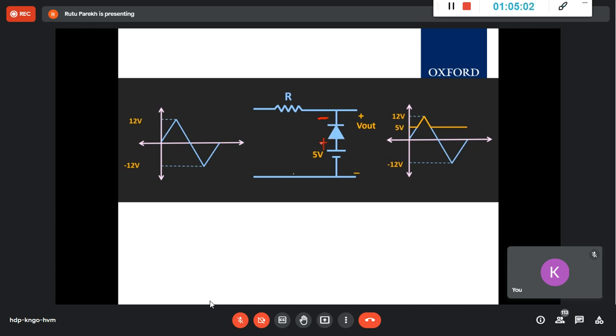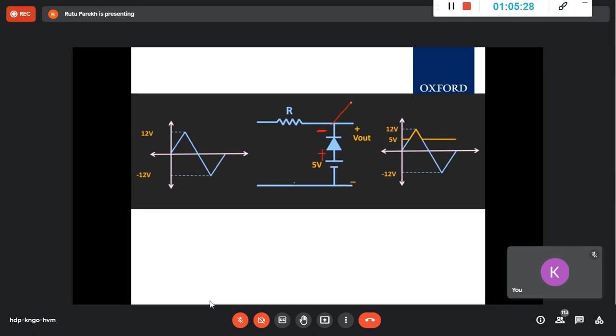But here the positive is 5 volt, not 0. Usually the connections are that way. So if the input is less than 5 volt, it will conduct on this side. It will not conduct if it is 5.1.